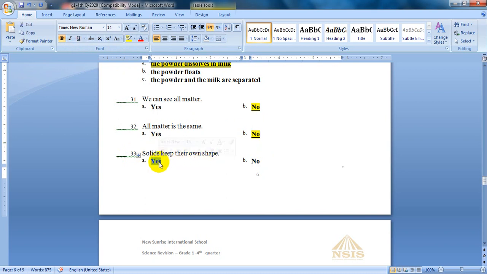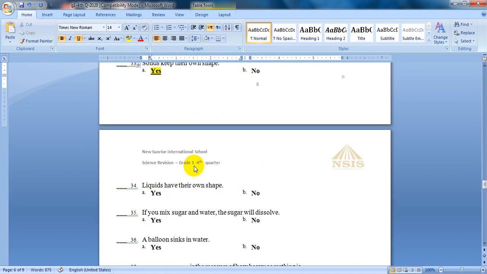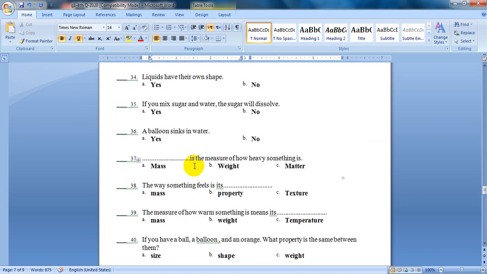Yeah, it's the only kind of matter with its own shape. The next question, 34. Liquids have their own shape? Of course not. They don't have their own shape. They take the shape of their containers.